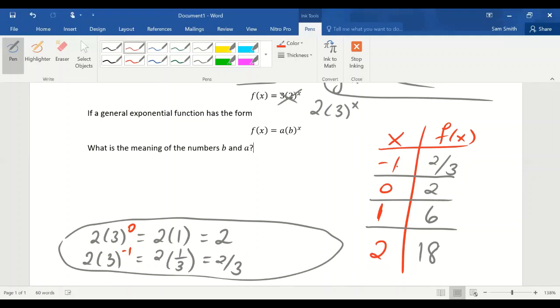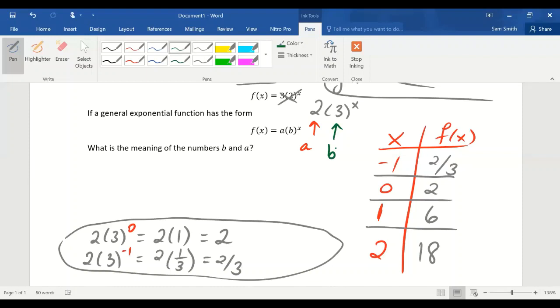Now here's the question. Once again, I'd like you to pause and try and look in this table. Where is the value of A showing up? Here A is 2. And where is the value of B, B for base, showing up? B is 3.